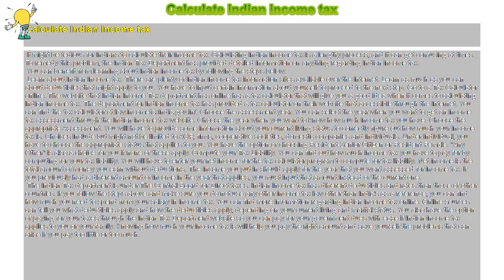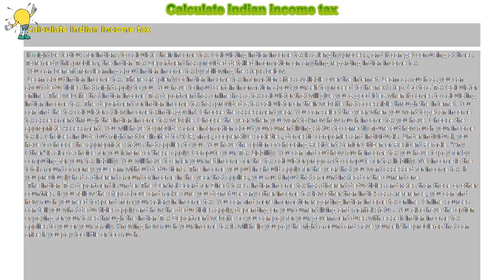Choose the appropriate assessment. You will have to provide some information about your current living status to correctly figure out how much your income tax is. Choices include but might not be limited to AOP, firms, cooperative societies, domestic companies and individuals.